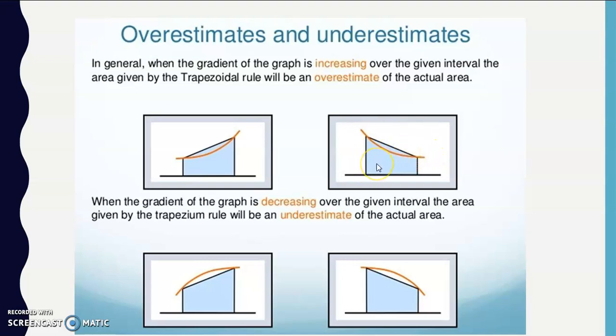So this is overestimated. Then underestimated. When the gradient of the curve is below the actual curve, then the calculated area is underestimated. See in this diagram also, this is the actual curve and this is the gradient. So it is below the actual curve. So this is underestimated.